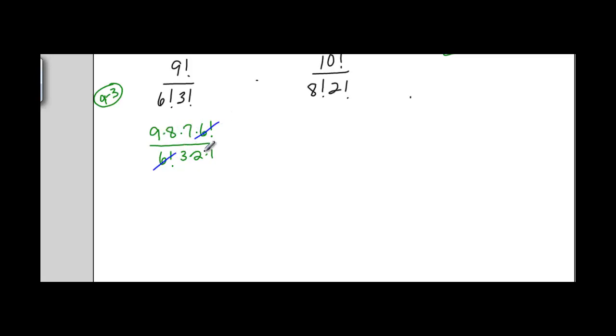Then, if you also want to cancel out any other common factors, you can cancel out a 2 and a 2 from the numerator with the 8, since 2 times 4 is 8. If we cancel out a 2, I'd be left with 4. And then I could also cancel out a 3 from the numerator and denominator, which would leave me with a 3 in the numerator. So I would have 3 times 4 times 7 left. 3 times 4 times 7 is 84.